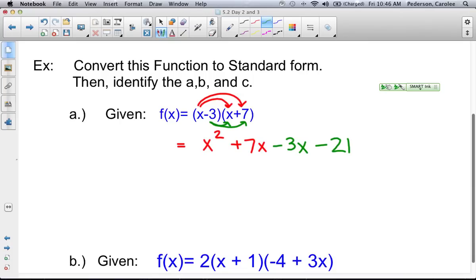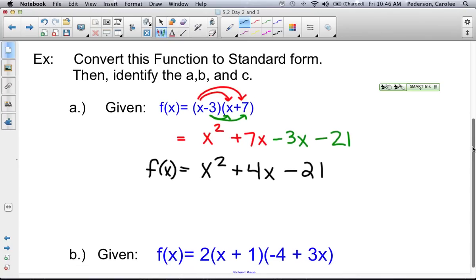What will happen is you will have like terms with the 7x minus 3x. So the final equation of the function is x squared, 7x minus 3x combined to 4x, and then minus 21.